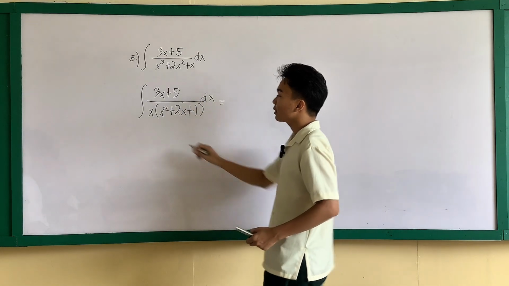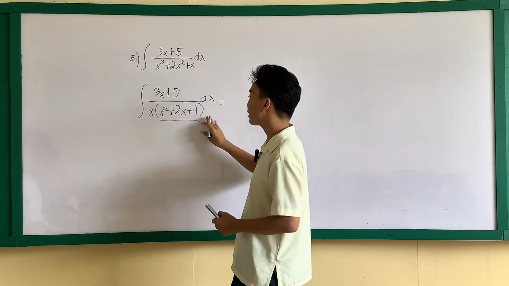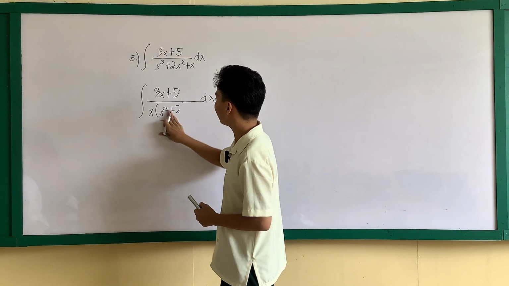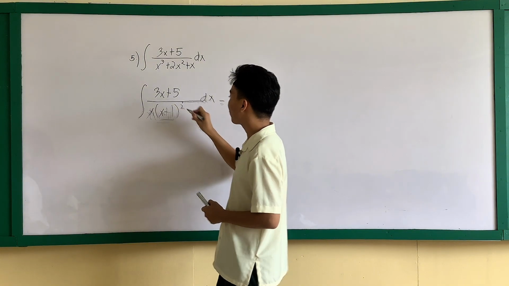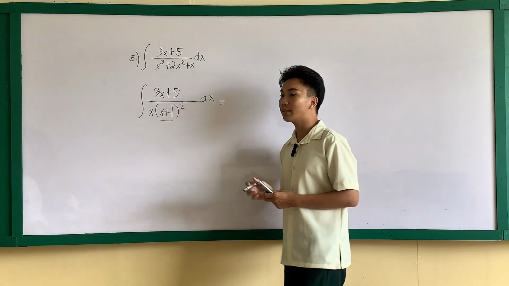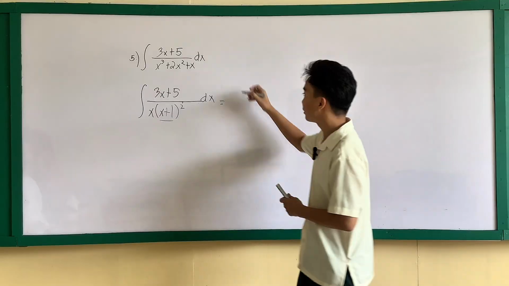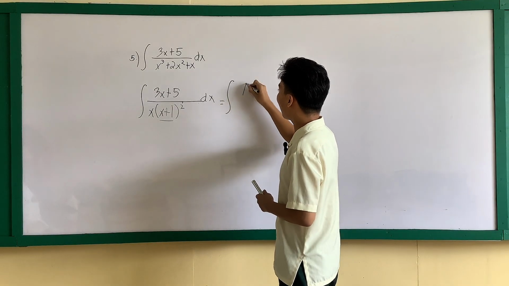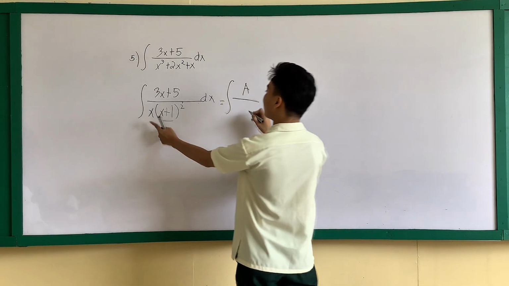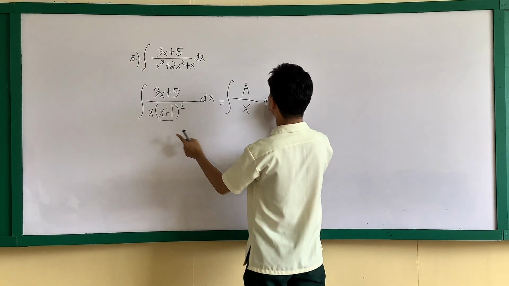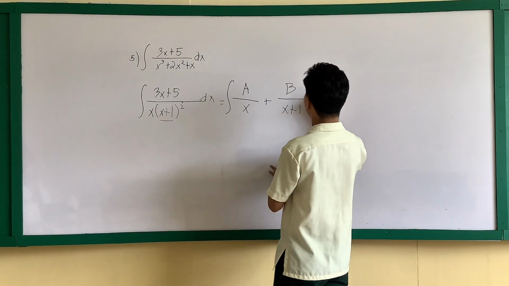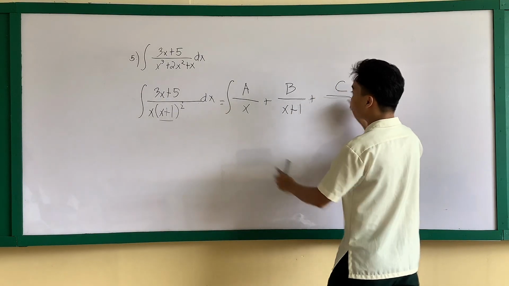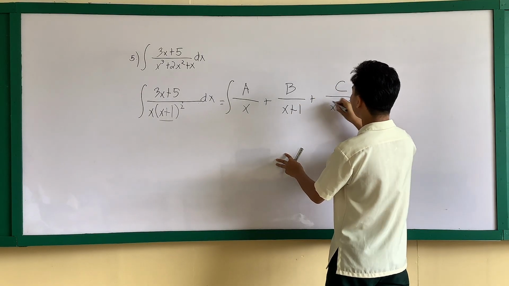So since it's a perfect quadratic, we can rewrite this into x plus 1 squared. So now we can use the partial fraction. A over x plus b over x plus 1 plus c over x plus 1 squared.